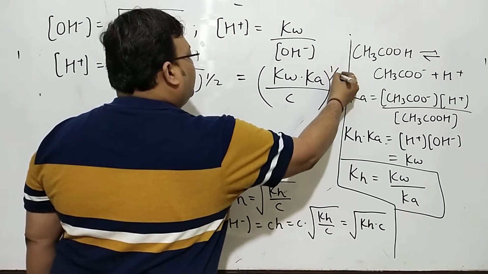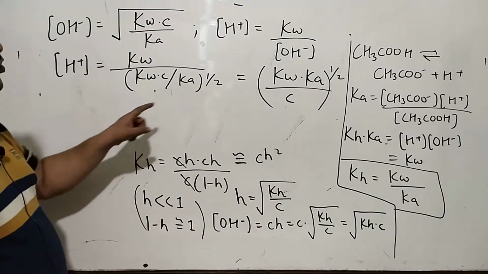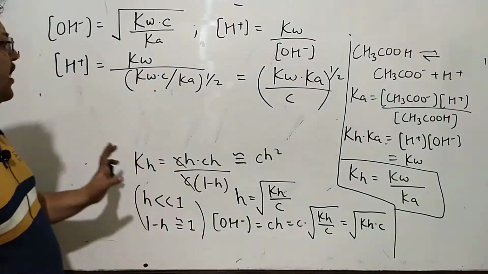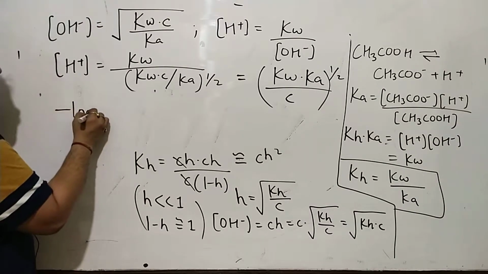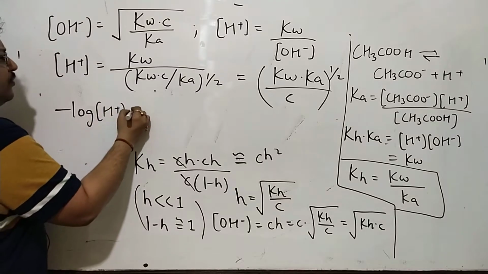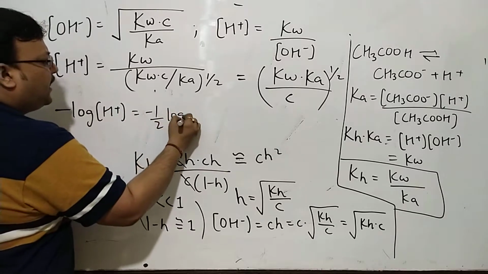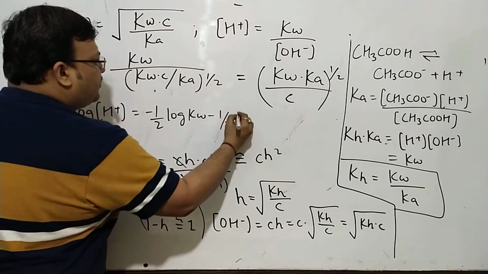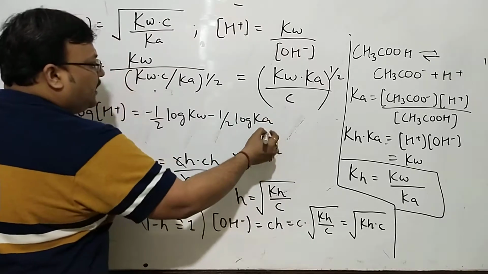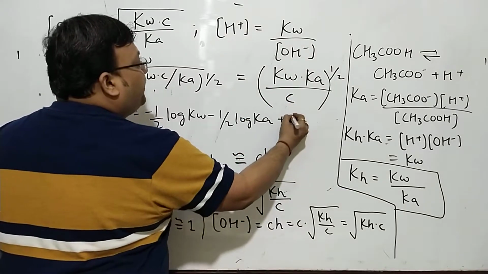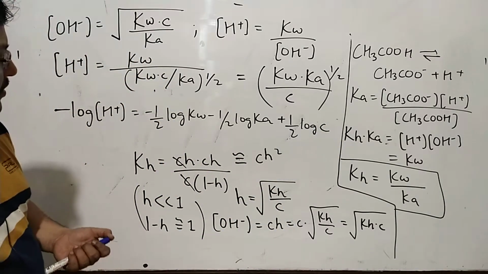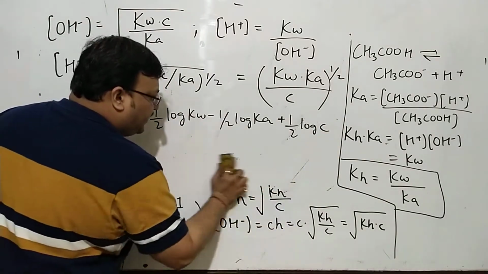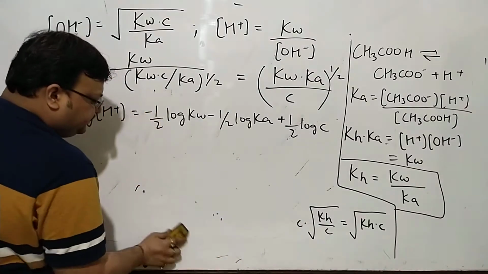This will look like H plus is equal to Kw into Ka upon C to the power half. Just one more step, minus log of H plus would look like minus half log Kw minus half log Ka, and naturally because C is in the denominator, it will become plus half log C.